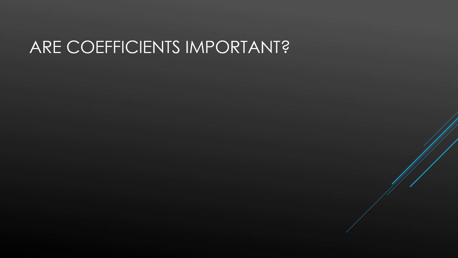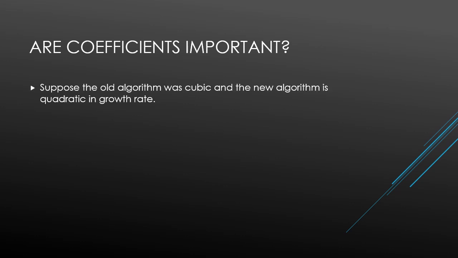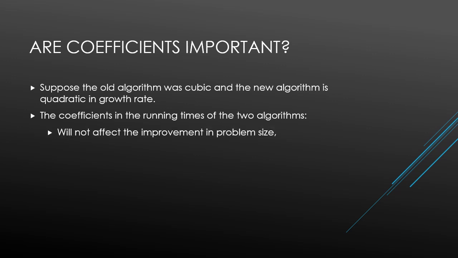Are coefficients important? Suppose the old algorithm was cubic and the new algorithm is quadratic in growth rate. The coefficients in the running times of the two algorithms will not affect the improvement in problem size, they will only affect the point of intersection of the two curves.